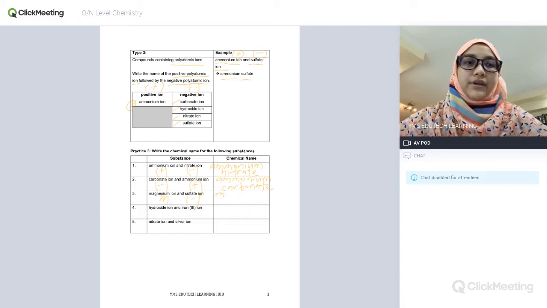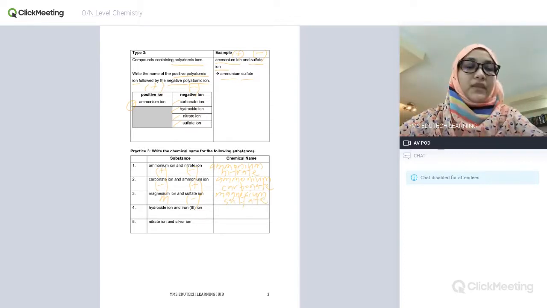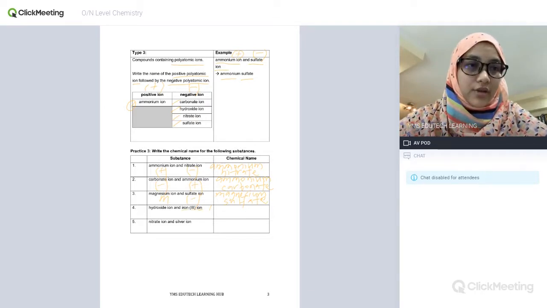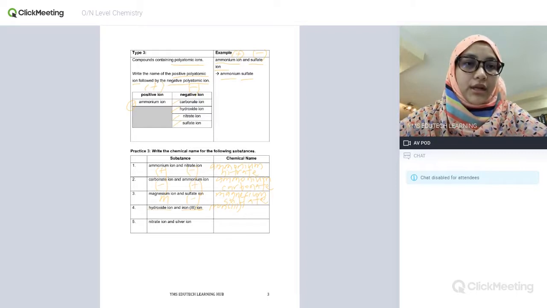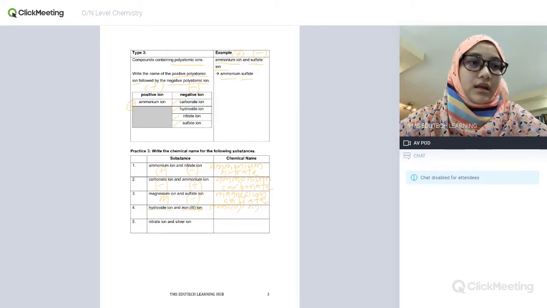So the metal has to come first, magnesium sulfate. Okay, and lastly, hydroxide ion with iron 3 ion. So the transition metal will come first, iron 3 ion will come first. So iron 3 followed by hydroxide ion, iron 3 hydroxide.